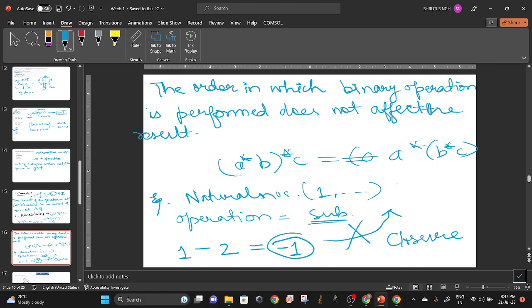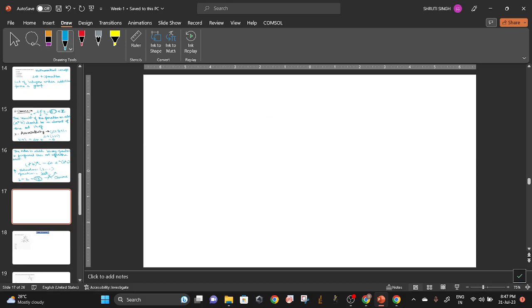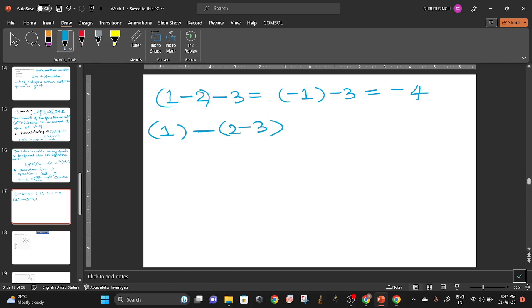Also let's see the associative property. It will not follow the associative property as well. Suppose I do 1 minus 2 minus 3. The result should be minus 1 minus 3, which is minus 4. First of all, this does not belong to the set of natural numbers, which means it is not closed. Second, I will perform 2 minus 3 first. The result will be minus 1.